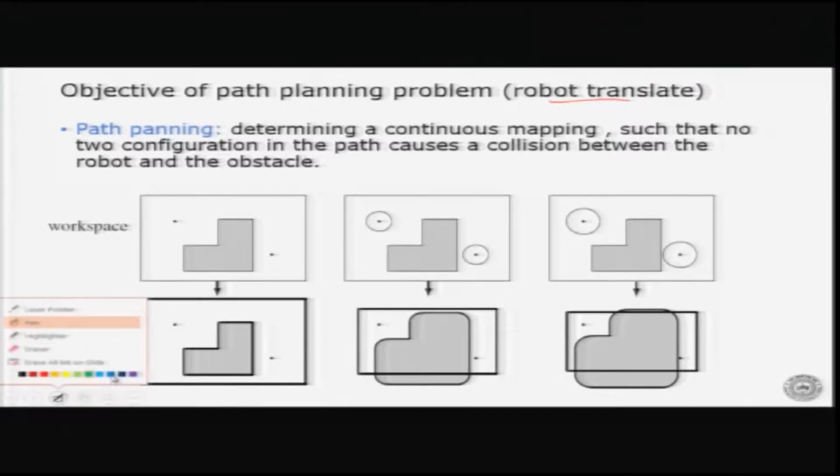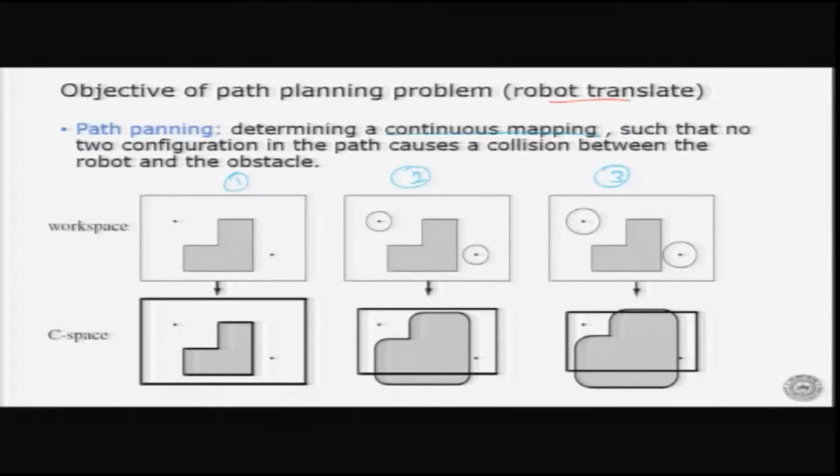Let us look at these three examples. The objective of the path planning problem is determining a continuous mapping, it has to be continuous, such that no two configurations in the path cause a collision between the robot and the obstacle. That is the objective of path planning. So if you look at these three cases 1, 2 and 3, in case 1, the robot is a point.